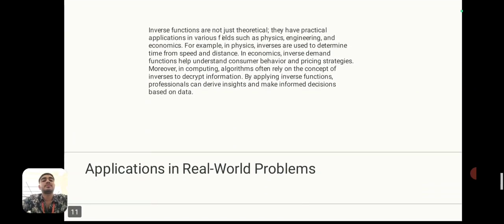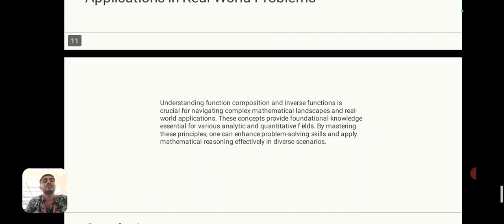Inverse functions are not just theoretical; they have practical applications in various fields such as physics, engineering, and economics. For example, in physics, inverse functions are used to determine time from speed and distance. In economics, there is the inverse demand function. Moreover, in computing, algorithms often rely on the concept of inverse functions. By applying inverse functions, professionals can derive insight and make informed decisions based on data.